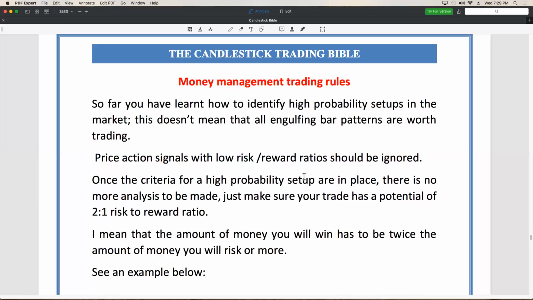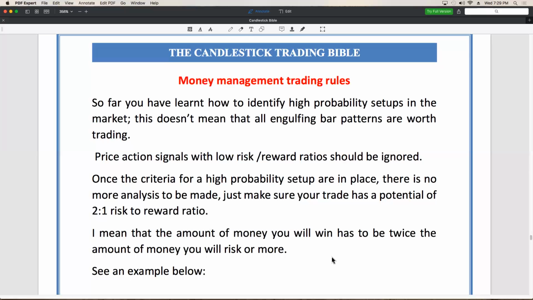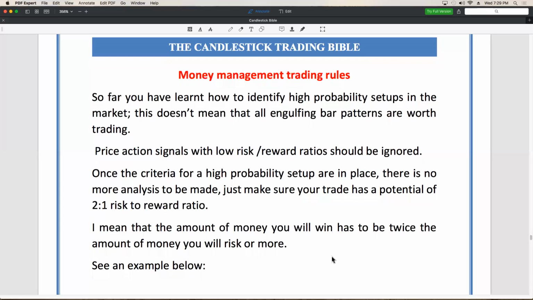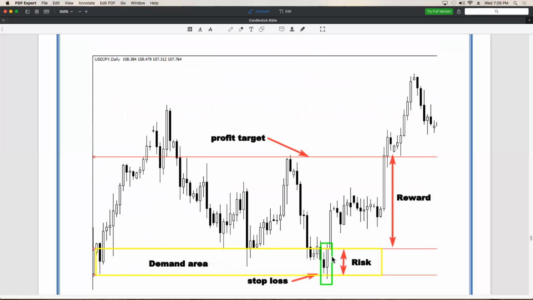I know, a little bitty stuff. You don't want to spend $100 to make $10. The amount of money you will win has to be twice the amount of money you risk or more. See example below.